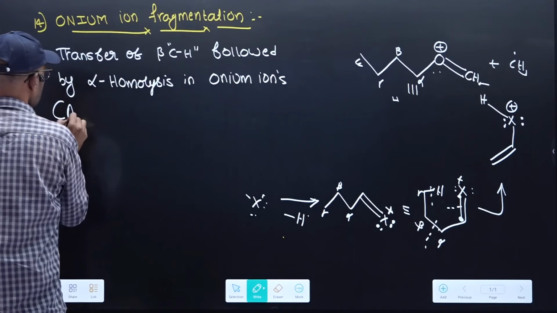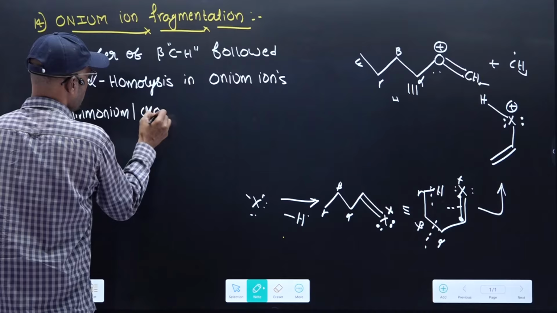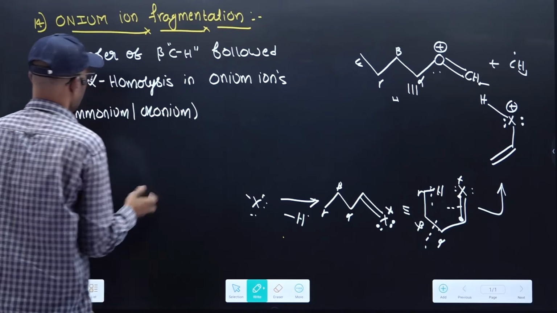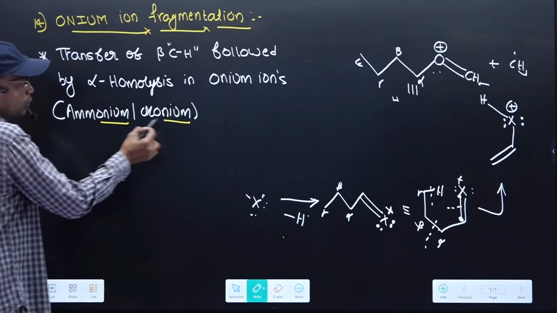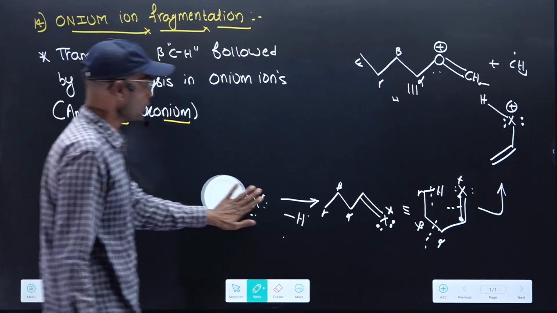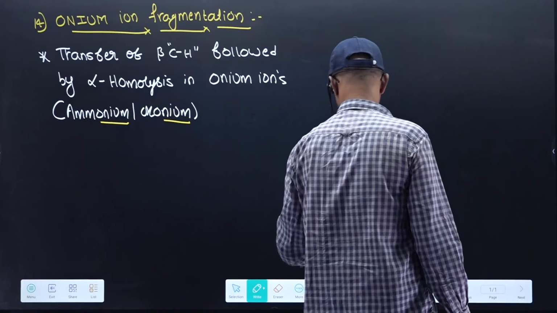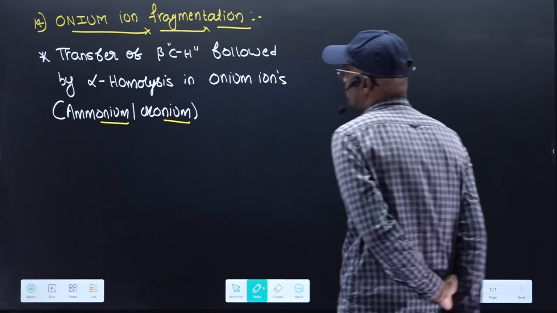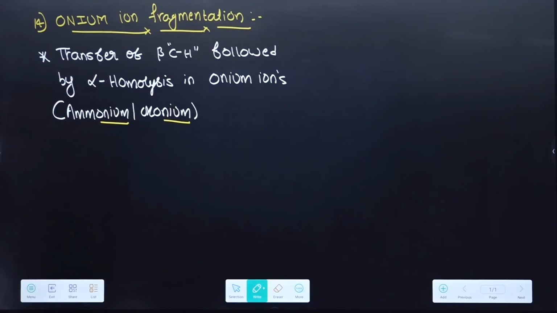What are onium ions? Ammonium or oxonium. It is very simple. Onium ion fragmentation: transfer of beta carbon hydrogen followed by alpha homolysis in an onium ion, which is nothing but ammonium or oxonium.